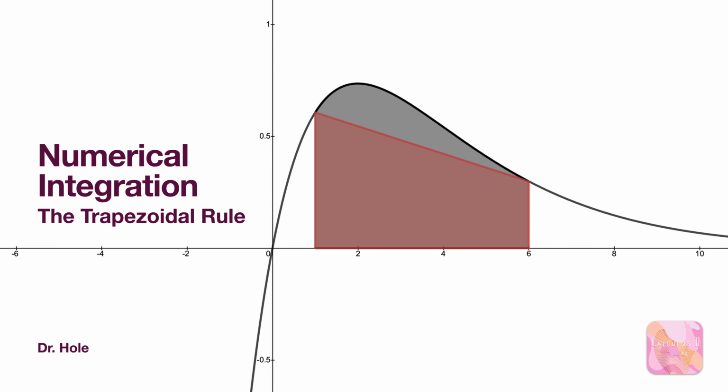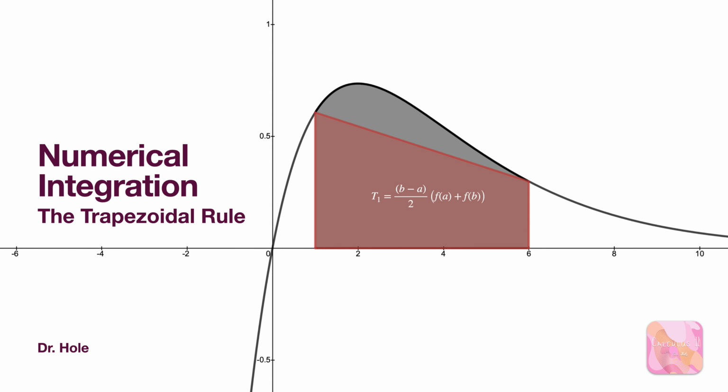The gray area is the true area under the curve from A to B. And then we approximate that true area by looking at the area of a trapezoid. So we'll denote this with T sub 1. We're just using one geometric object.